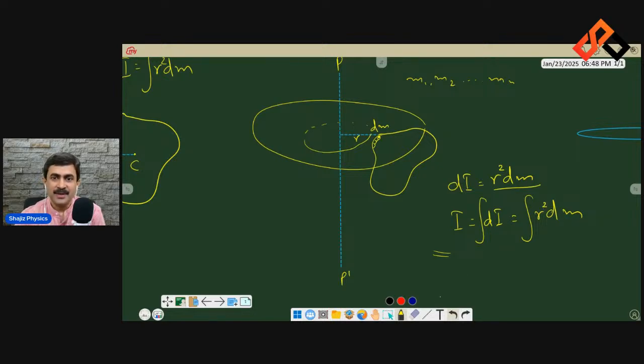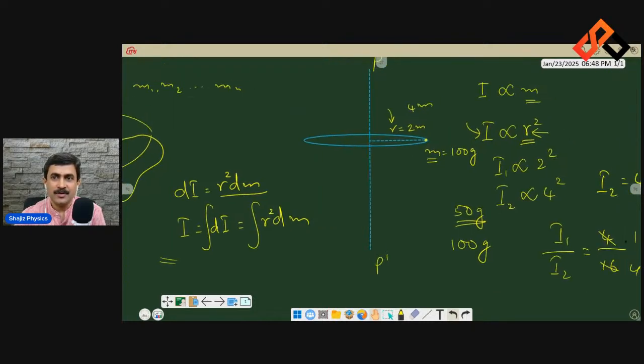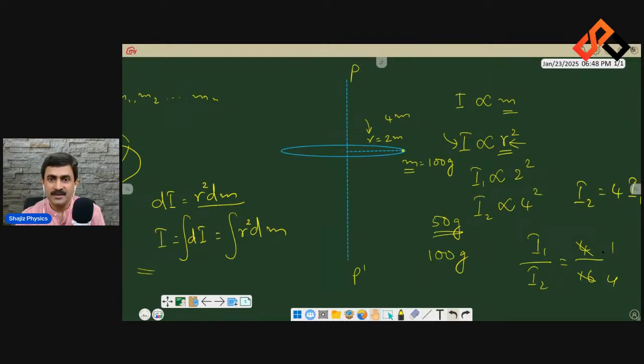Consider this. By combining these two expressions, we can write I is equal to m r square in the case of a point object. When m is constant, I is proportional to r square. When r is kept constant, I is proportional to m. That is the relationship.